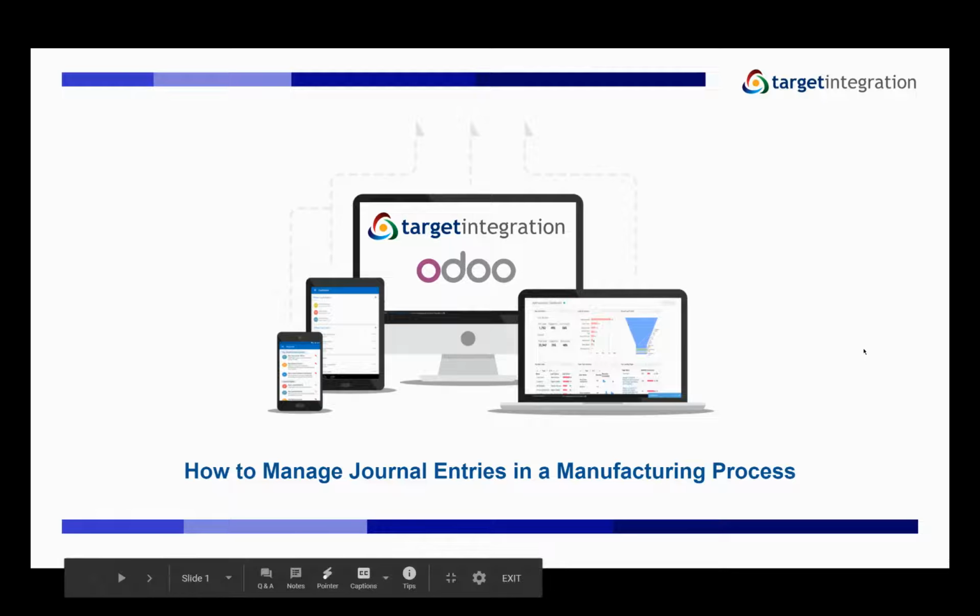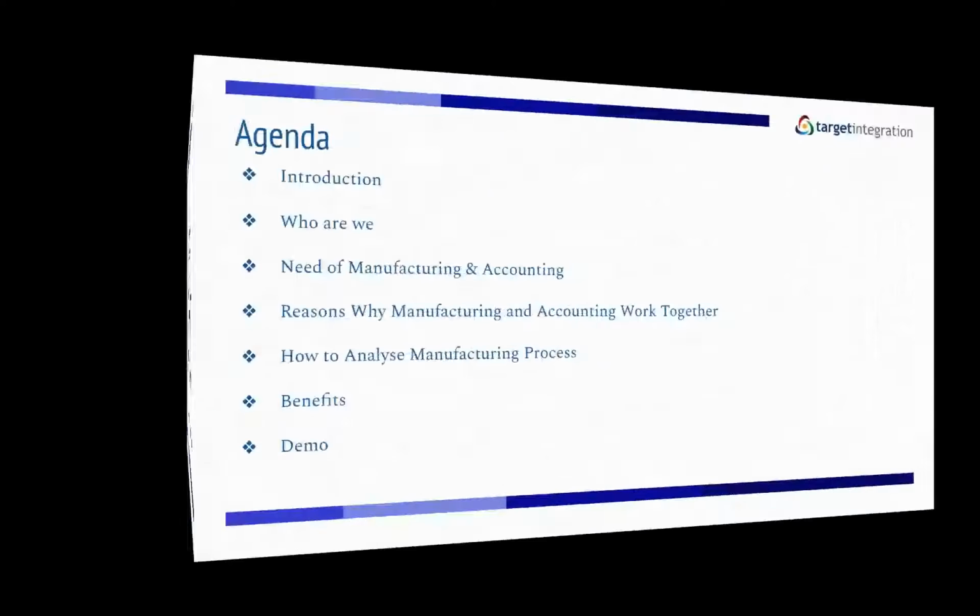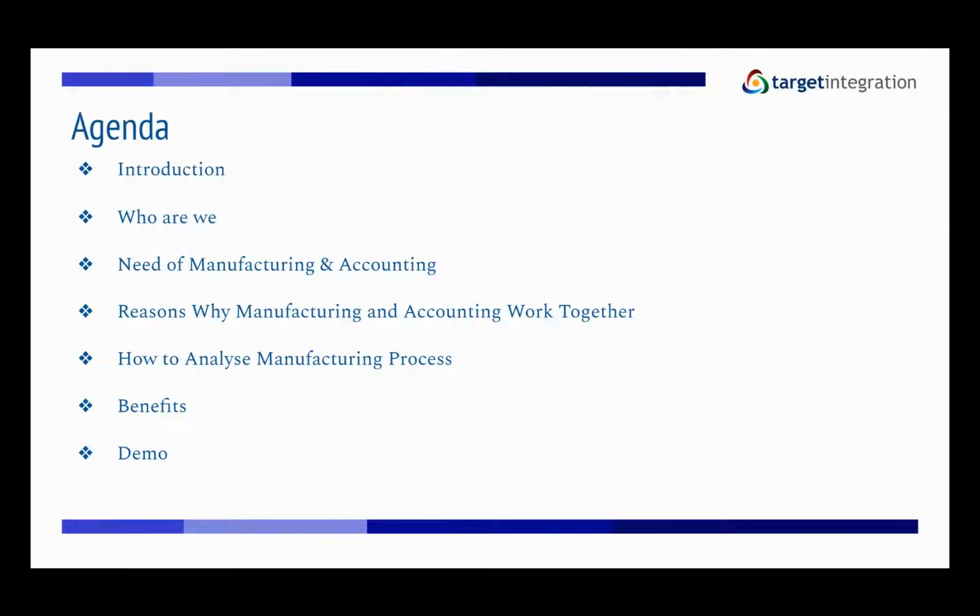So just as a quick overview, my name is Rohit, and I will be your host this morning. The agenda of the morning is going to be a quick introduction to who we are, then going into the needs of manufacturing and accounting systems and why they should be integrated together. We will then quickly analyze the manufacturing process, have a quick benefits analysis, and then go into the demo.